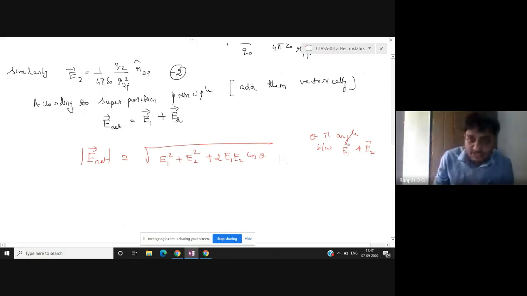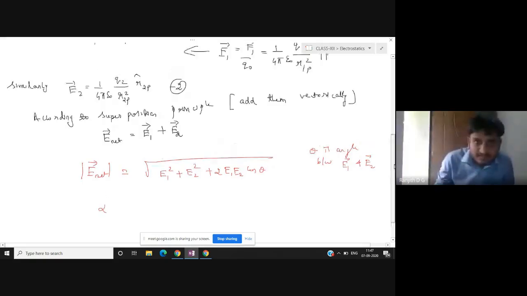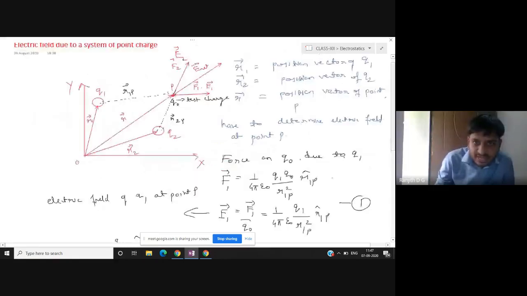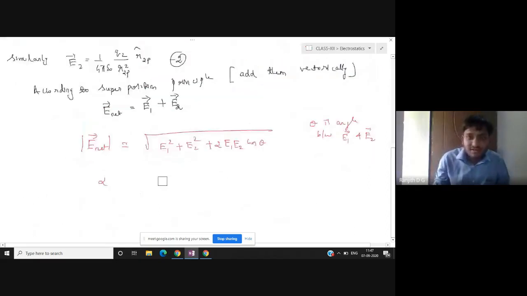So you will know the theta, and you can calculate the magnitude of E1 and E2. Then you can substitute in this equation and get the magnitude of the net vector. And also you can get the direction of the net vector. If you name this angle alpha, you can use trigonometry again and get the direction alpha also. We will take up some problems for this in the next class.